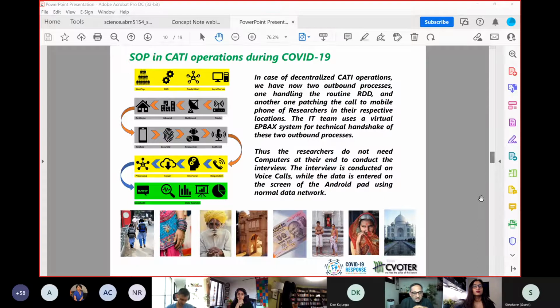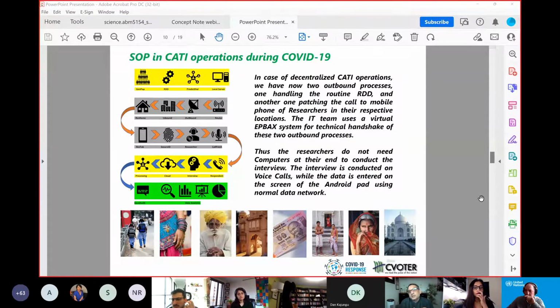One RDD was done on VIP connecting the respondents, and another calling operation with the connection to researchers sitting at home, patching them through a virtual PBX system. So when the lockdown happened, we were already prepared for this setup almost 2 weeks before the lockdown. Luckily, we were just trying to be ready.